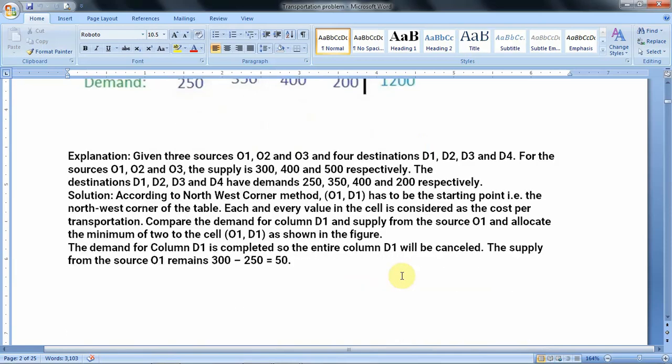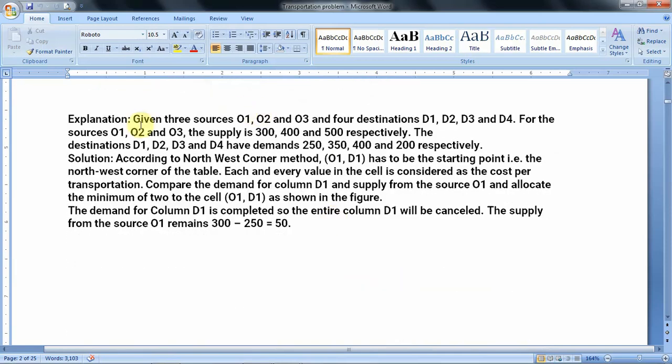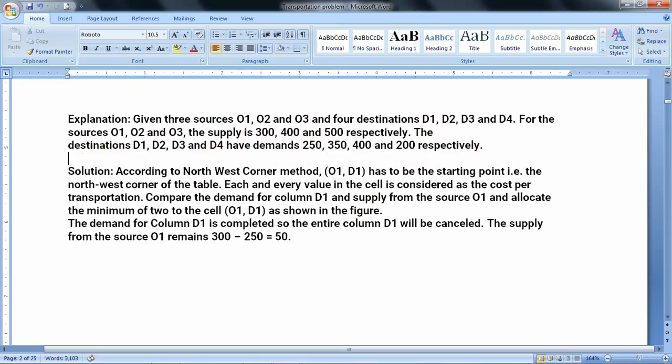So how to solve that one? First, explanation. Here the sources are O1, O2 and O3. For the sources O1, O2 and O3, the supply units are 300, 400 and 500 respectively. The destinations D1, D2, D3 and D4 have demand units 250, 350, 400 and 200 respectively.